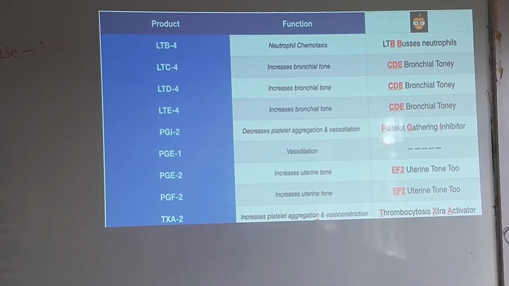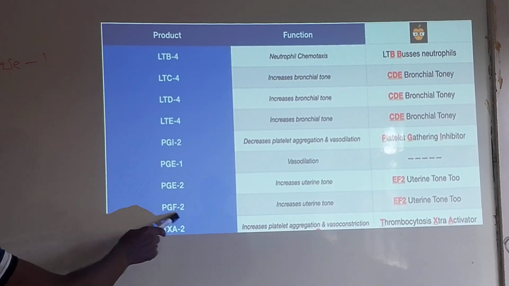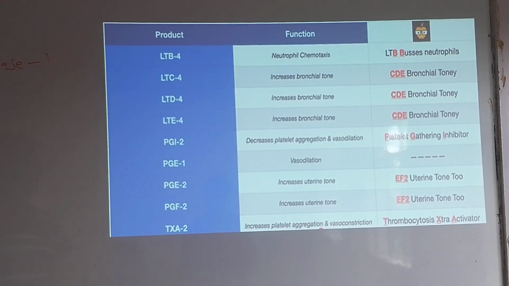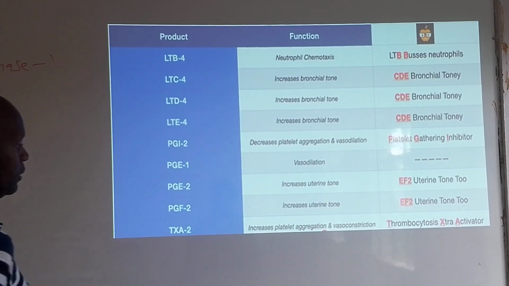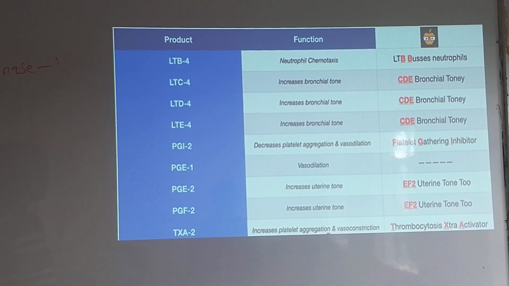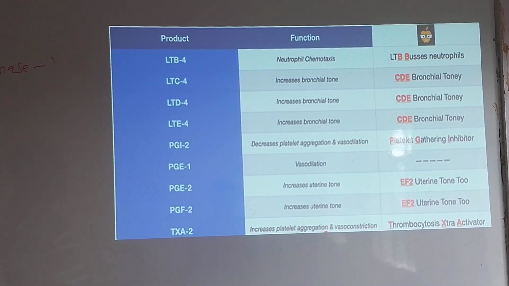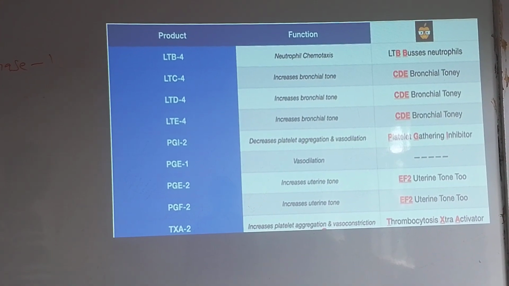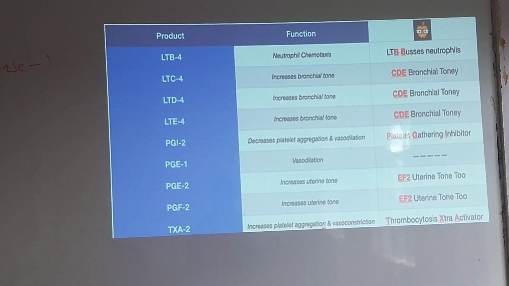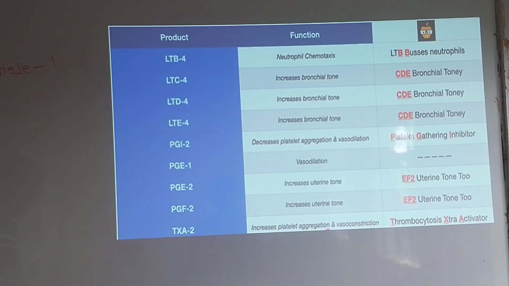That is why we normally have uterine contraction whenever these prostaglandins are activated. Then thromboxane A2 will increase platelet aggregation and vasoconstriction. That is an important area, especially when it comes to drugs like aspirin that we give to inhibit the conversion of arachidonic acid into the metabolites using COX-1. We shall see in the subsequent illustrations.